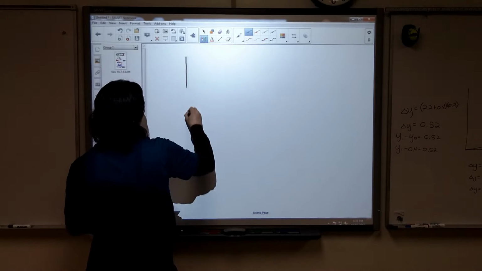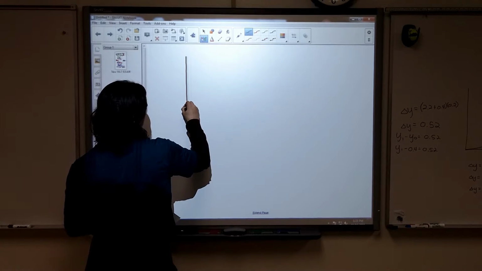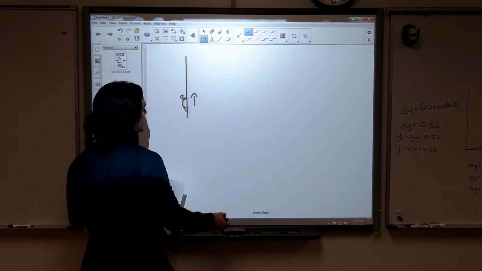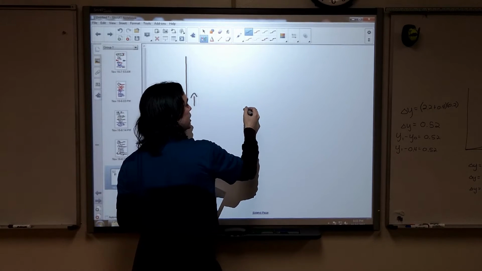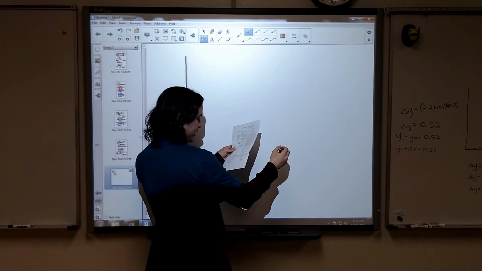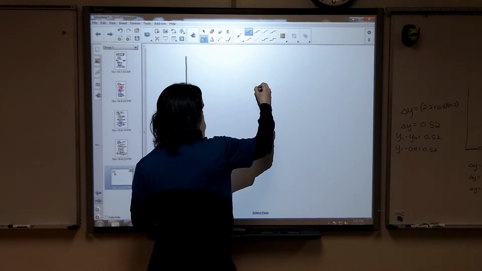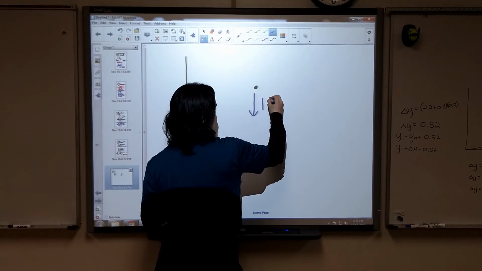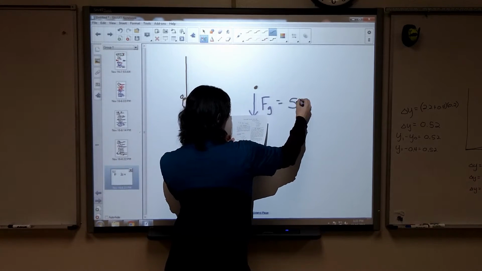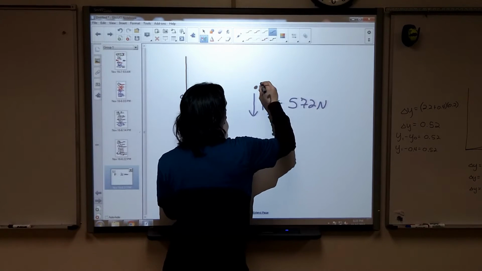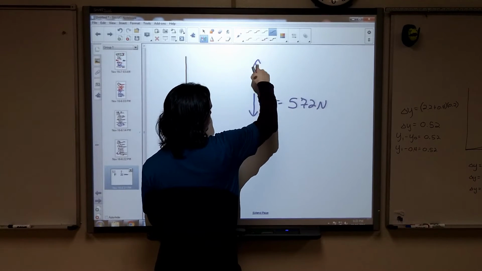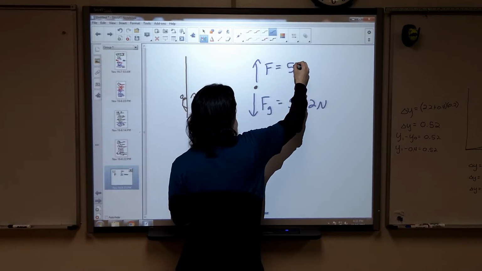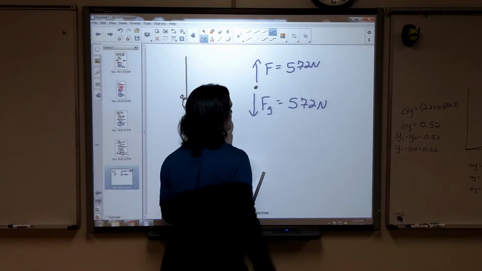All right, so I've got a rope, and I've got a person climbing up the rope. Now they tell us that the weight of the person is 572 newtons. So in short, what they're telling us is, the two ways that you could look at this, the force of gravity is equal to 572 newtons, or when they're standing on the ground, whatever force would be applied to them to get a zero acceleration, the force up, would also be equal to 572 newtons.